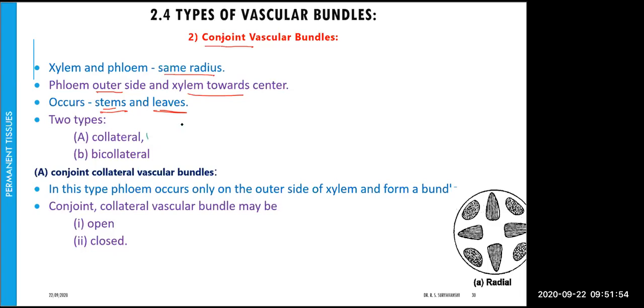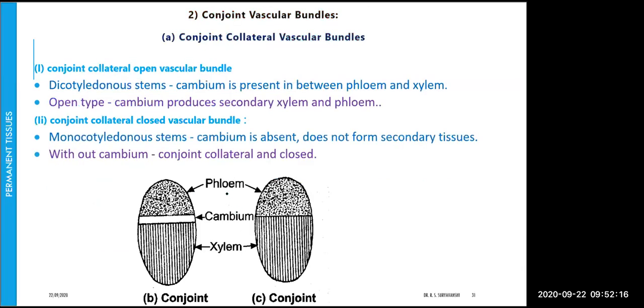In this case, phloem occurs only on the outer side of the xylem and forms a bundle. And this conjoint collateral vascular bundle once again is of two types, that is open and closed vascular bundle. Let us see when it is to be called open and when it is called closed.